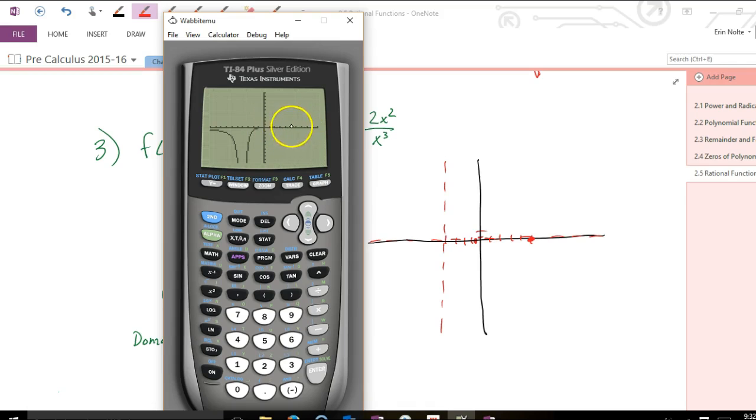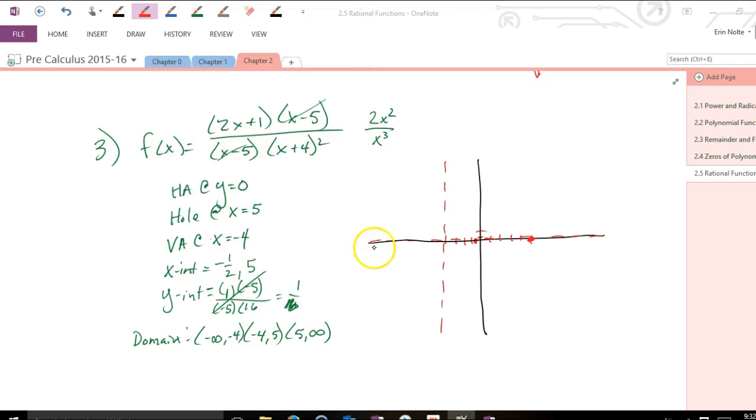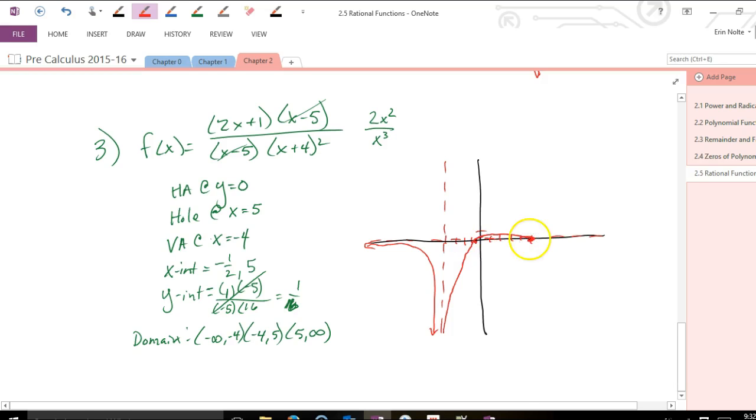This is really hard to see because of the pixels on the calculator, but the function just rides just above my x-axis, and it doesn't cross it because we don't have any more x-intercepts for it to cross through. Well, it crosses at 5, so it goes below it and just stays infinitely close to 0.